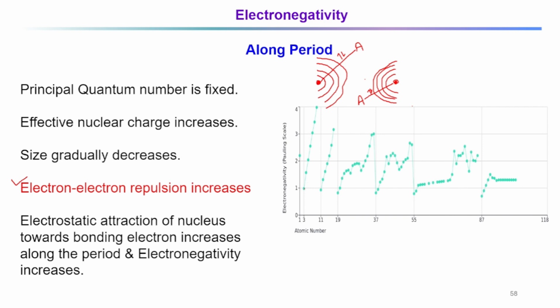As you go from lithium, beryllium, boron, carbon, nitrogen, oxygen, to fluorine, you can see the electronegativity is sharply increasing here, right? So similarly, if you go along a period, as the size shrinks, the electronegativity increases.